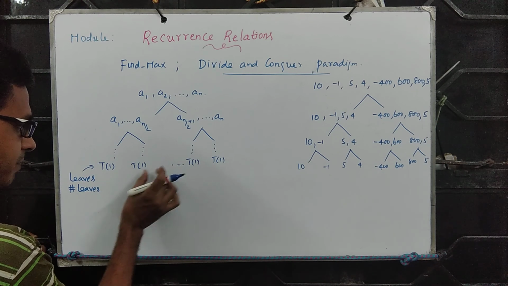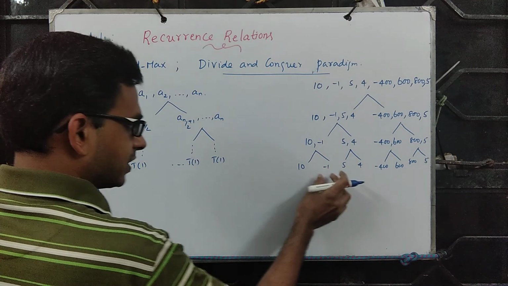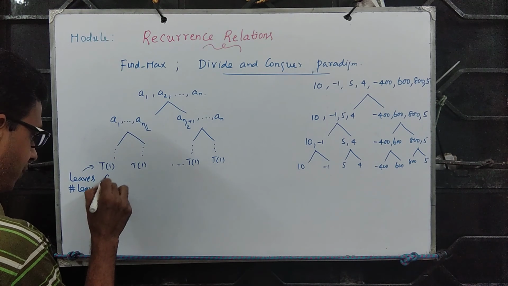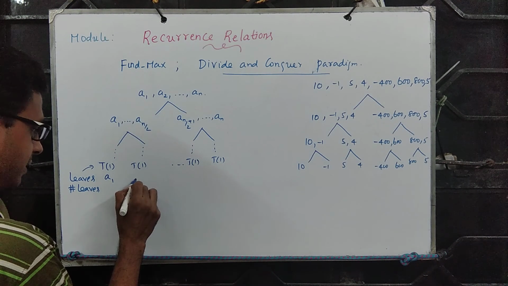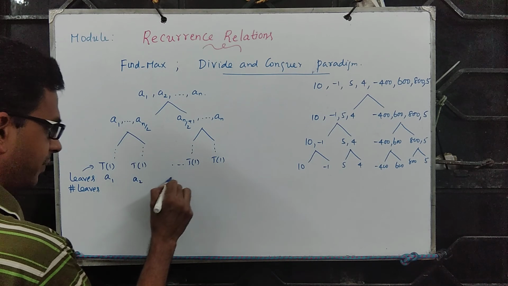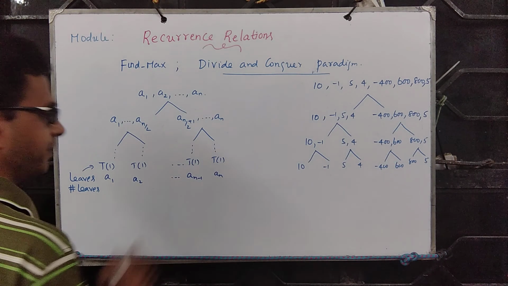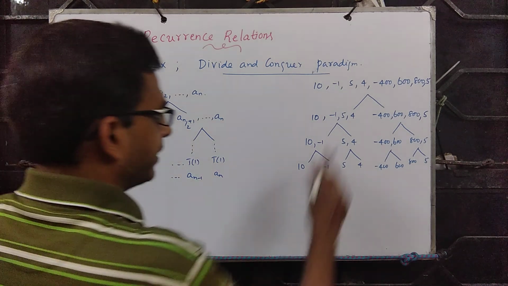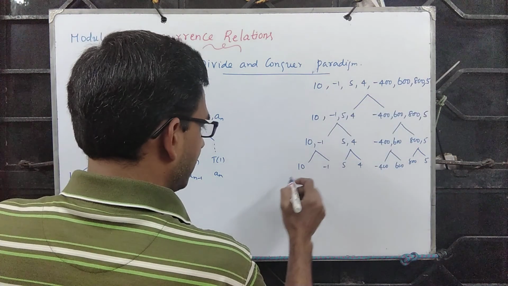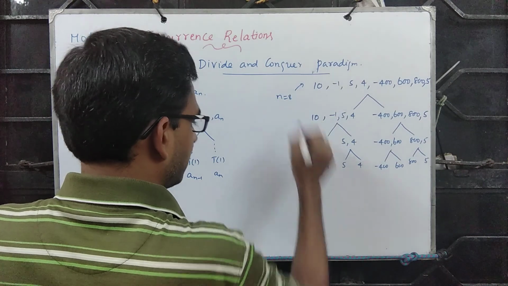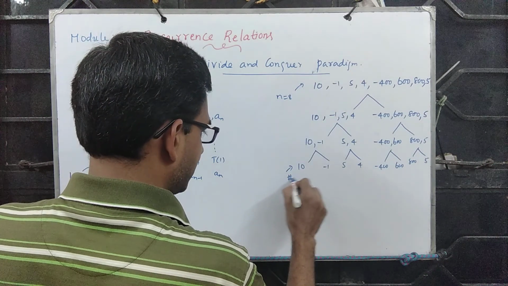Finally, you see T of one subproblem everywhere. If you carefully observe, this is the first element, then the second element, and so on up to the n minus 1th element and the nth element. So if there are 8 elements over here, the number of leaves over here is 8.